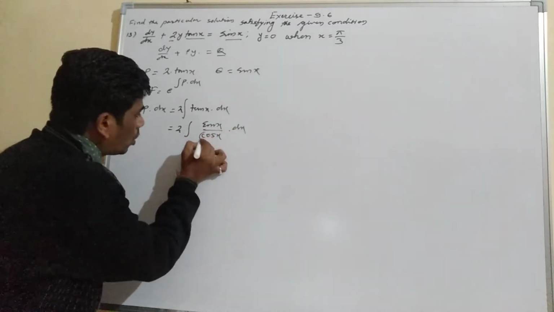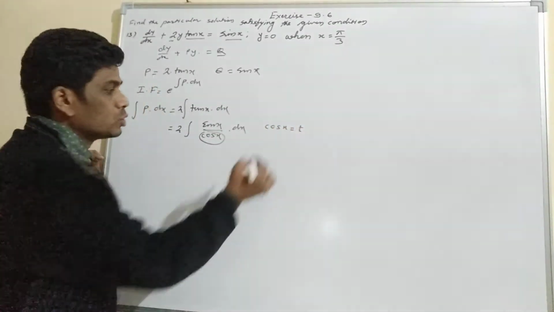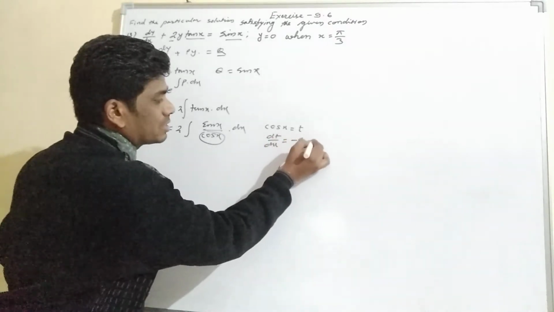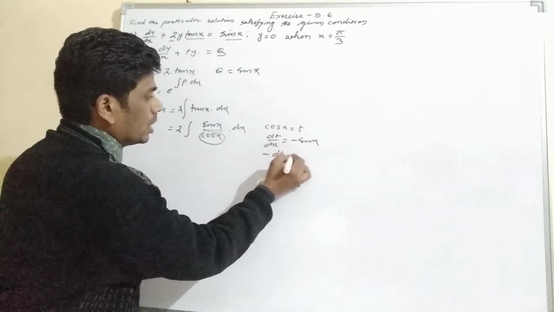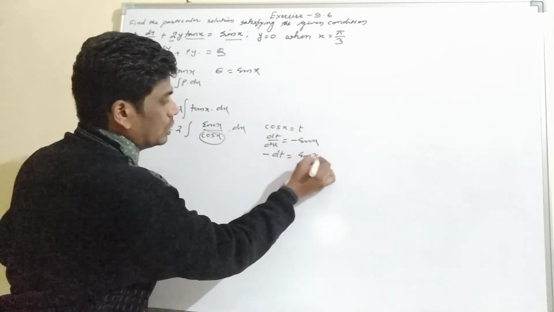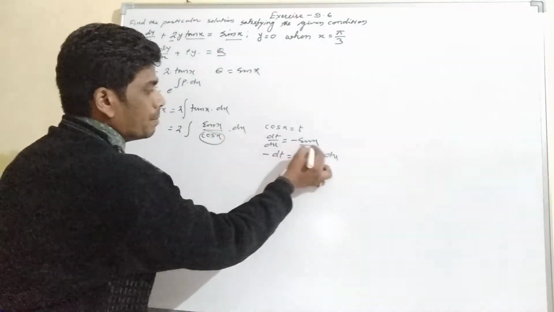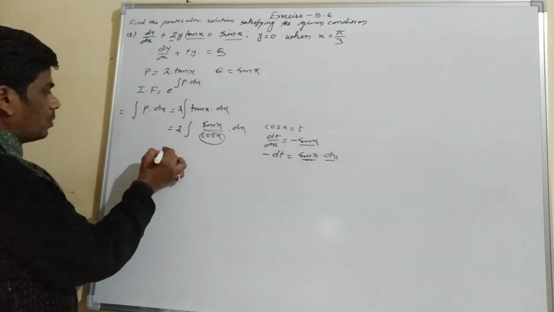If we take cos x as t, cos x equals t, so dt/dx will be minus sin x, which means minus dt equals sin x dx. We will replace sin x dx with minus dt.